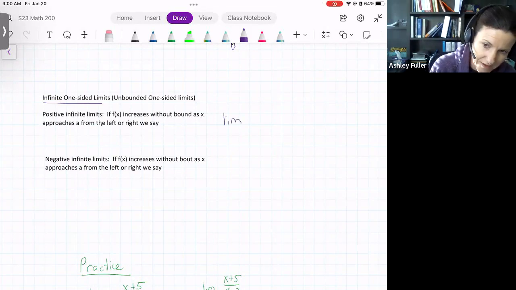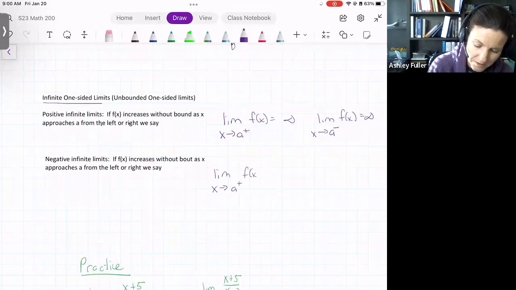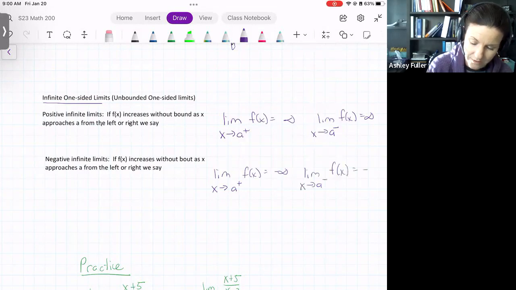And that positive infinite limit is if it approaches, say, a from the right of f of x, it's going to approach infinity. It could also approach it from the left, and it's still going to be approaching a positive infinity. And for those negative limits of f of x, you simply say that it's approaching negative infinity, again, from the left or from the right.